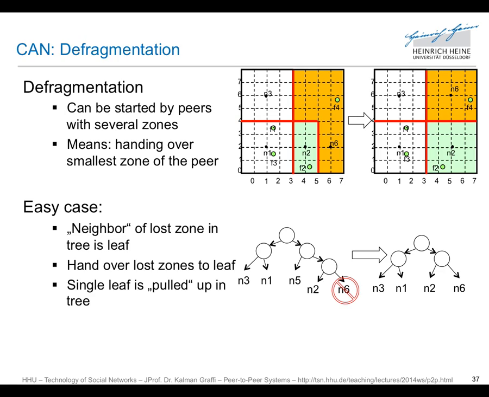The more difficult case we have if we lose a zone where, like in this case, where N4 was lost. So in this case N4 was lost, which does not have one single node on the other side of the tree, but two or more. So it can be also a tree down here. So what is the rule there?